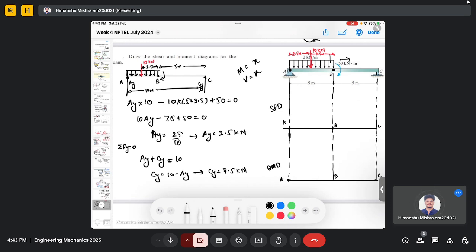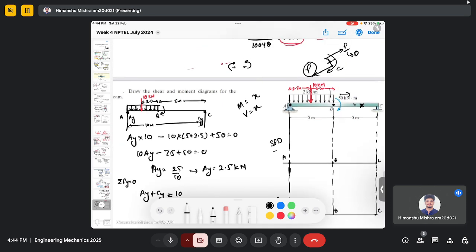Then secondly, I can cut after point B, because after point B I can cut anywhere. Let's say I am cutting here. Then I can actually consider the role of the moment also. This moment is not there in the SFD, but this moment will create a discontinuity in the BMD, the bending moment diagram.